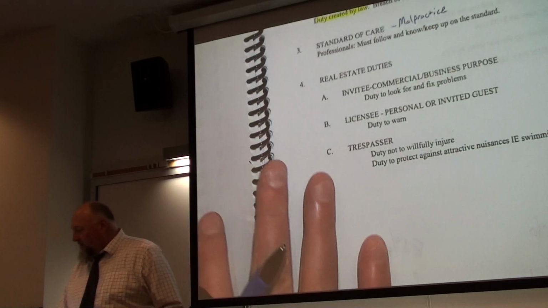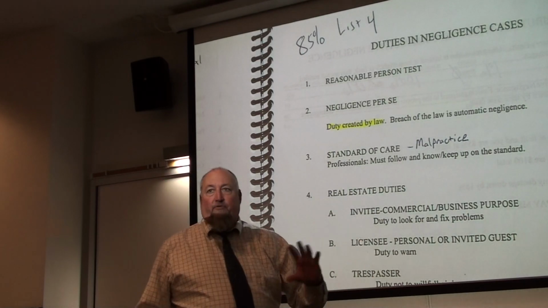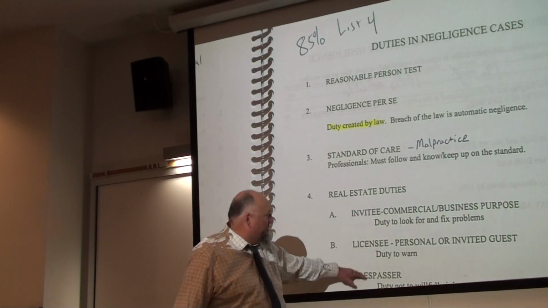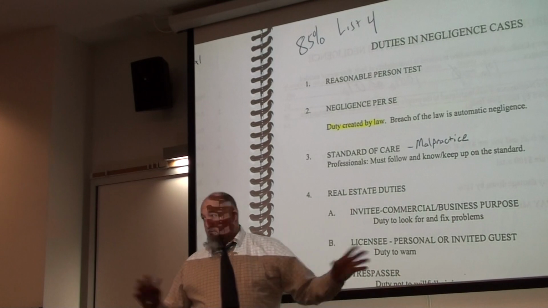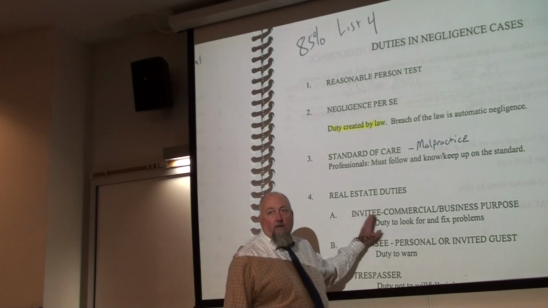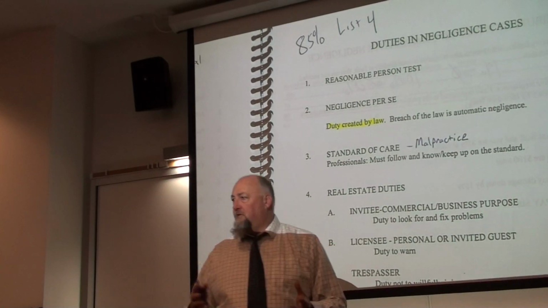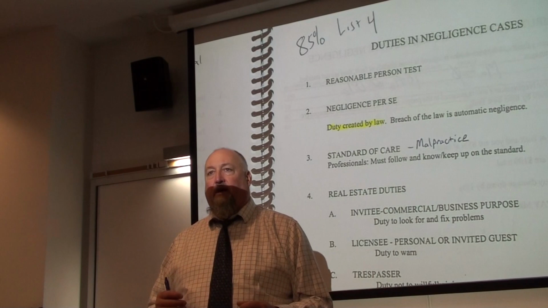All right, so for you guys, I want you to be able to list out 4 of these, and I will consider each of these real estate ones as separate. And I will accept different words, invitee or commercial or business purpose, or any description like that is a fine answer.